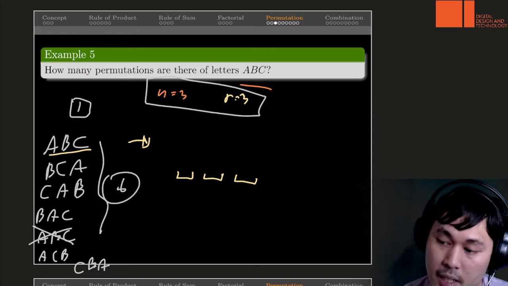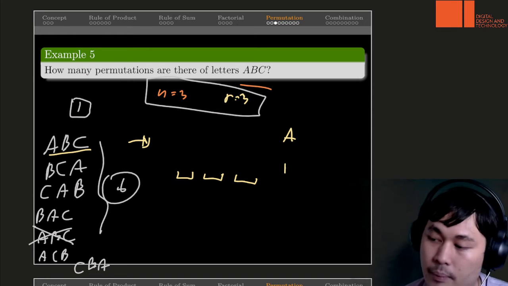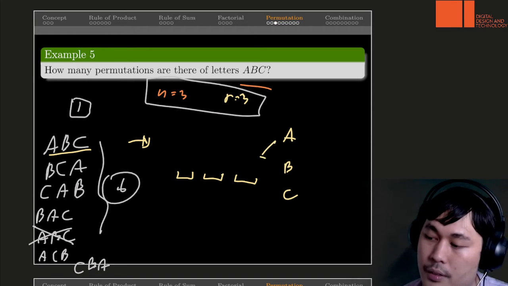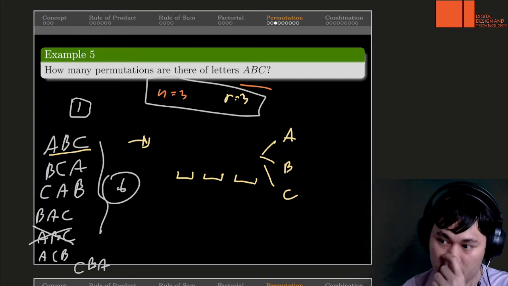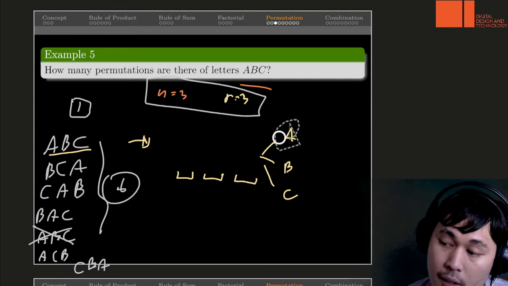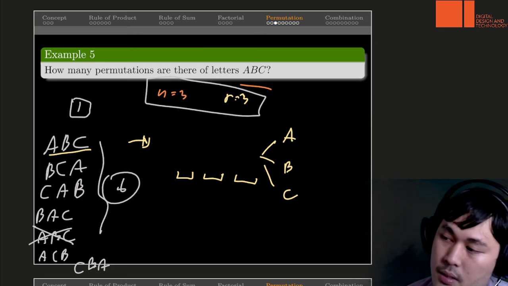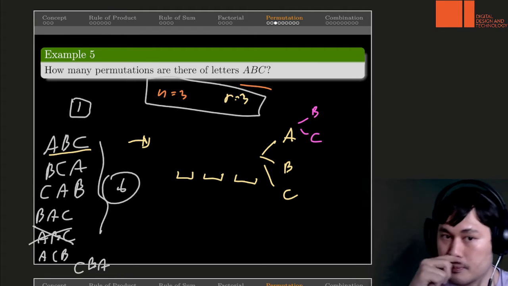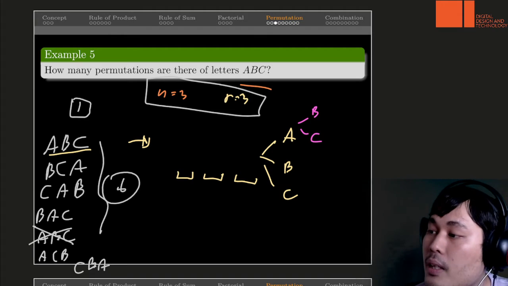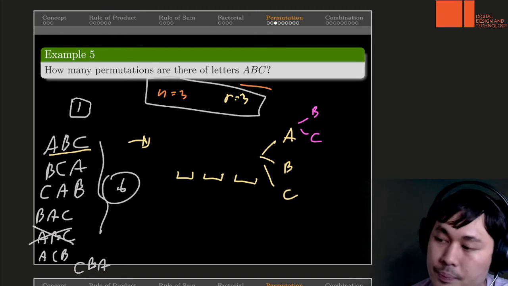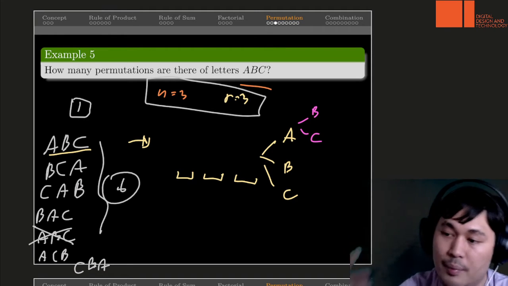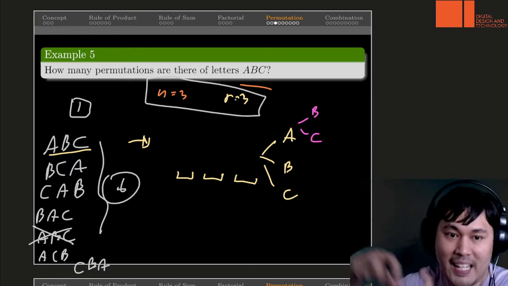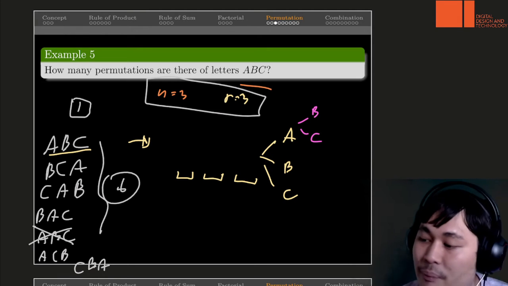The first position can be anything, there is no restriction at all, so you can put A or B or C. If you choose A already, then the second position can be either B or C. You cannot select the same letter because we just switch things. We think of them as physical objects, so you cannot duplicate the object itself.